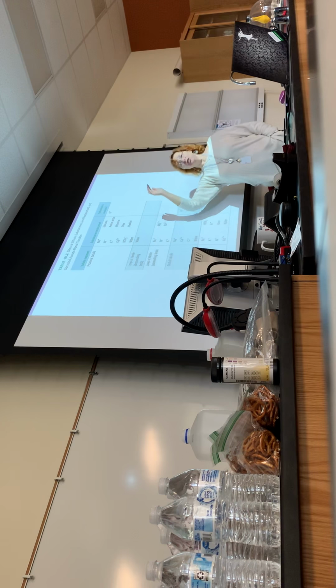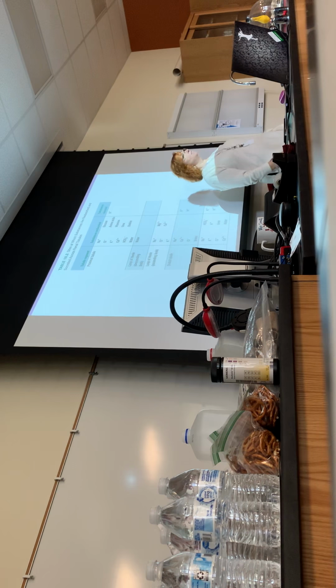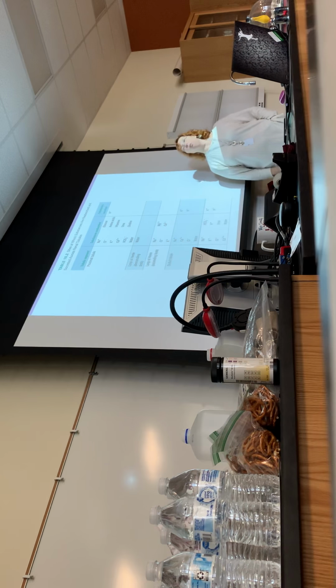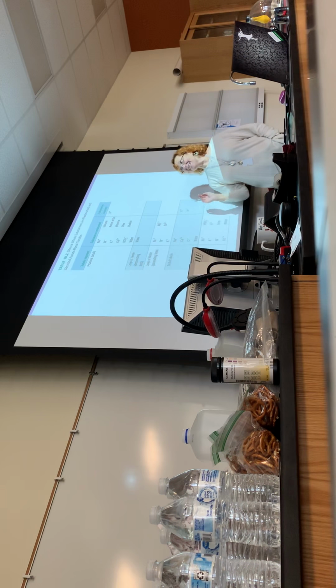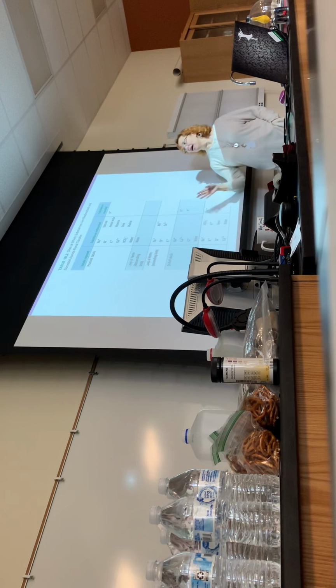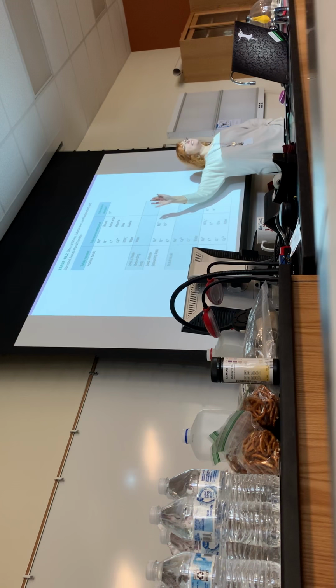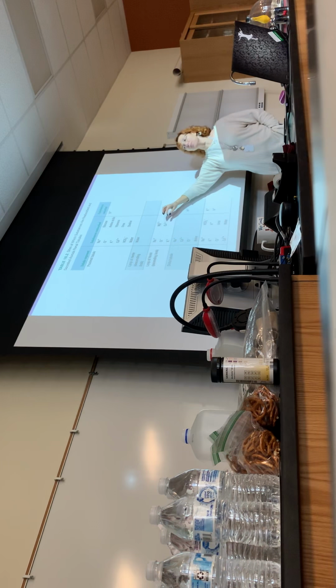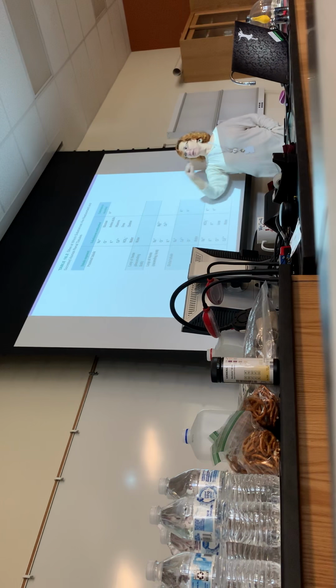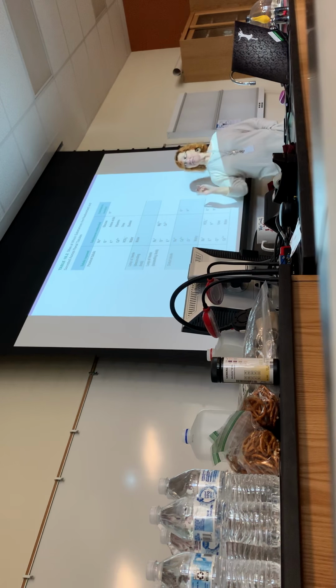We go into the descending loop of Henle. We're looking at water reabsorption. The ascending loop of Henle, we have specific, so again, transporter regulated reabsorption of some of these substances.